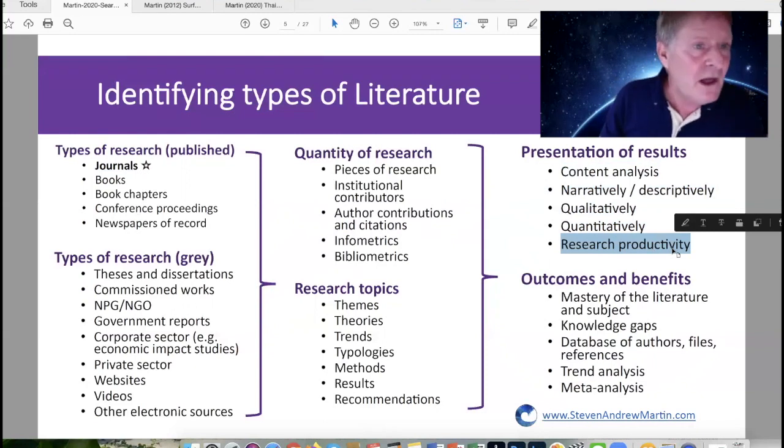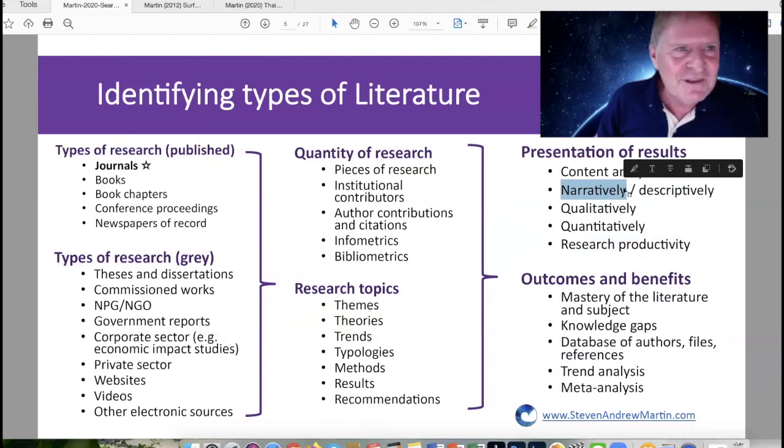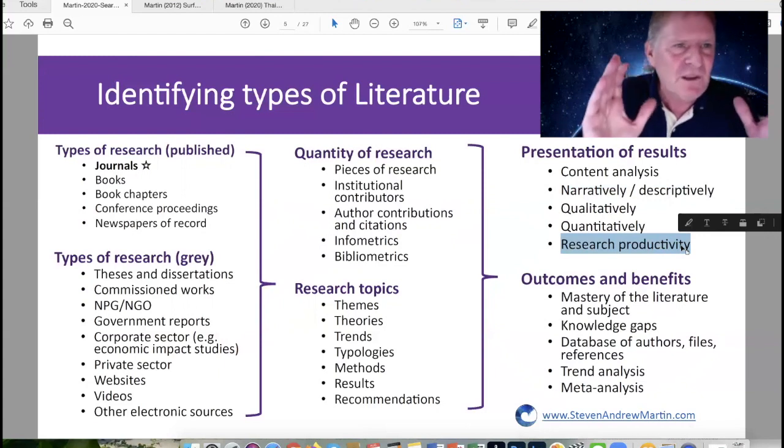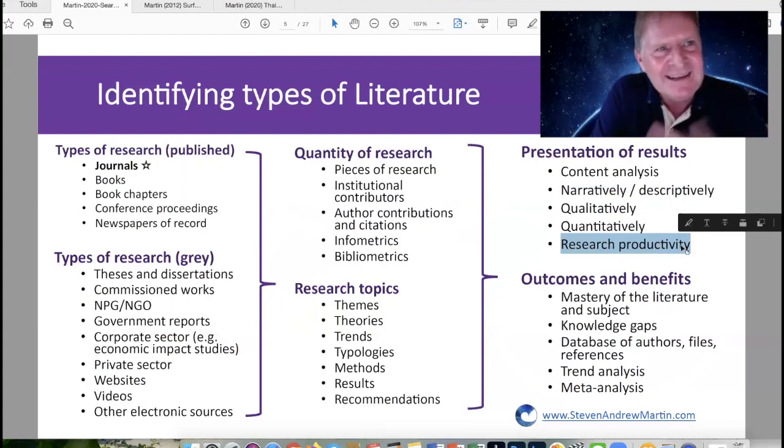Somebody else can come along and say, well, you didn't give a narrative of the literature, but that's not what you said you were going to do. You said you're going to do research productivity, right? So the beautiful thing about systematic review is you put yourself in your own box. And it's highly academic because you're really clear about what you're doing. Does that make sense?